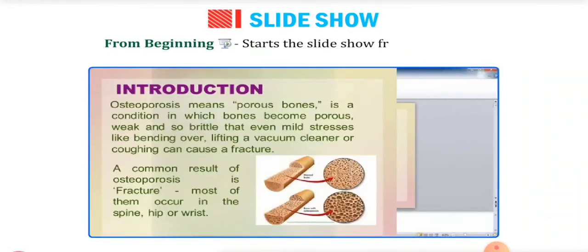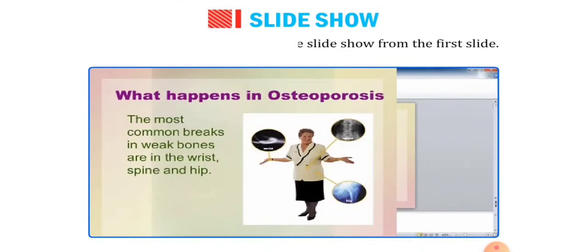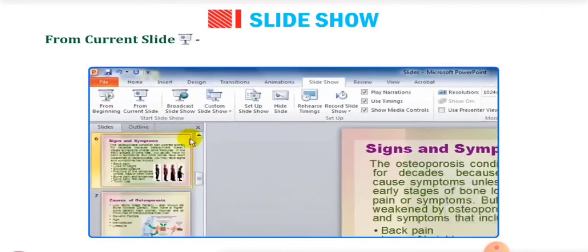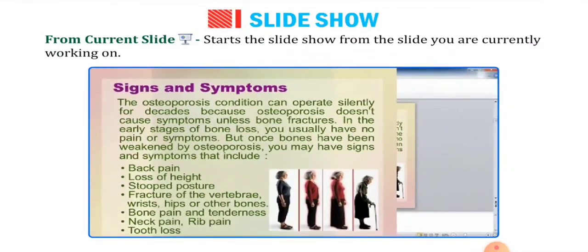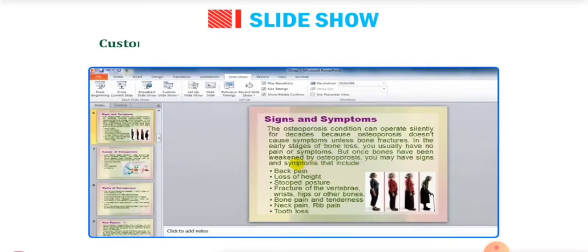From beginning, start the slideshow from the first slide. From current slide, start the slideshow from the slide you are currently working on. You can see in the background, at the back side, our second slide is open, and when we choose from current slide, it will start the slideshow from the second slide, because we are just now working on the second slide.